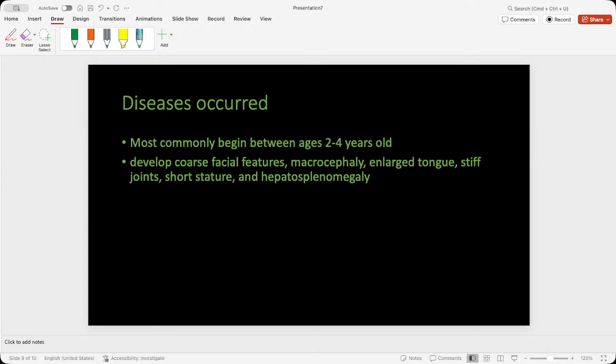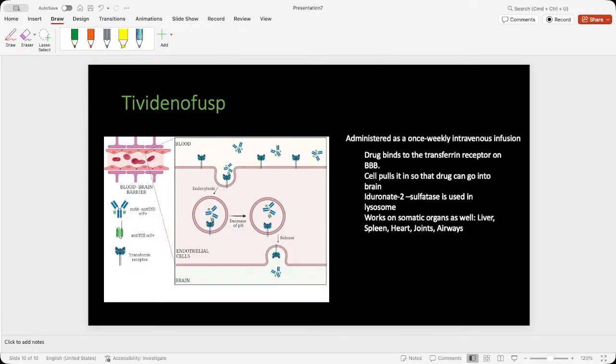So this medication is going to be very useful because it's administered as a once weekly intravenous infusion. It binds to the transferrin receptor on the BBB. It is a Denali proprietary transport vehicle drug delivery technology.